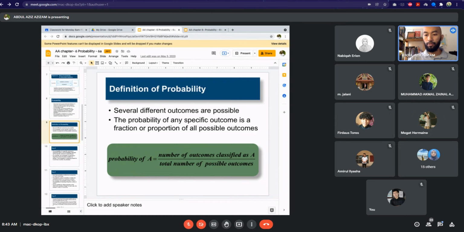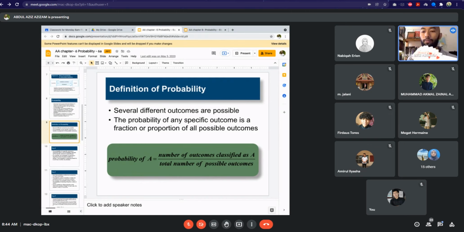Okay, for example, ini semua kad heart. Ada 1, 2, 3, 4, 5, 6, 7, 8, 9, 10, 11. Okay, ada 11. Probability untuk you dapat kad heart daripada the whole deck 11 daripada 54. Macam mana you nak cari probability dia? 11 divide by 54 lah.